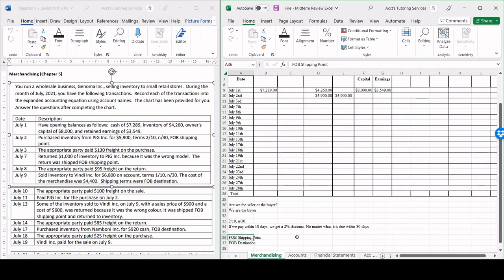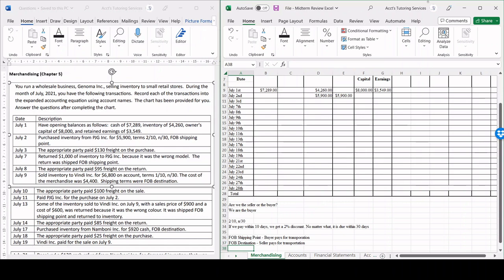That means the buyer pays for transportation. Whereas FOB destination means legal title exchanges hands once it arrives at the buyer's warehouse. So during transportation, it's in the seller's possession. That means the seller pays for transportation.